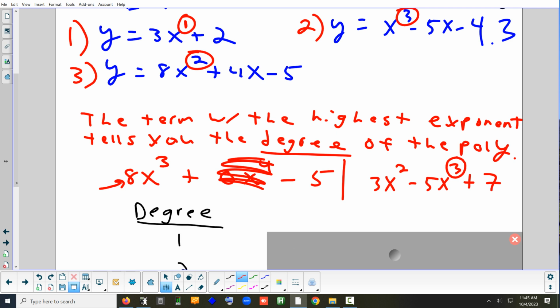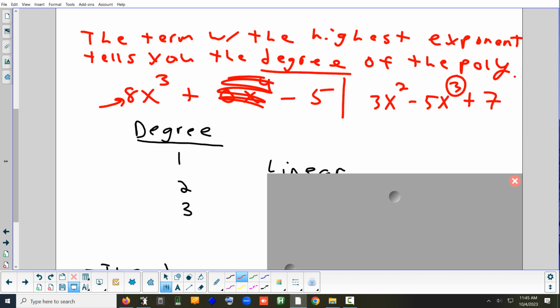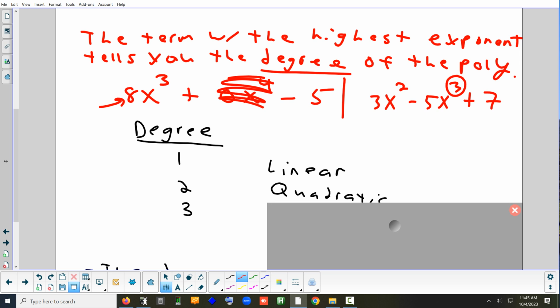What do you call it if the highest degree is a 1? What kind of polynomial would that be? Linear. Yep. How about when the highest degree is a 2? That's a quadratic. And when the highest degree is a 3?